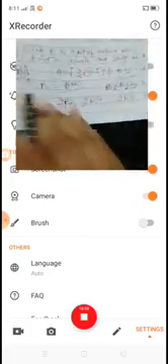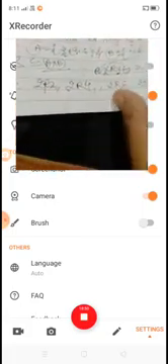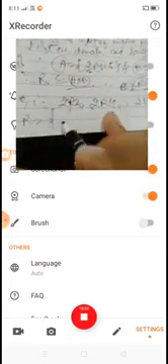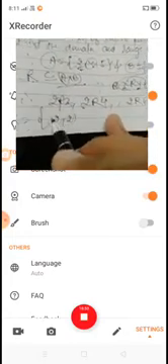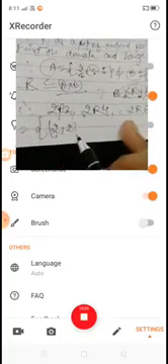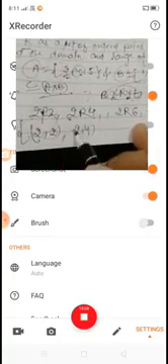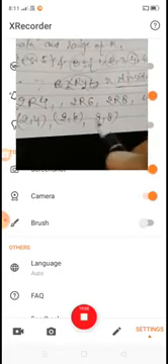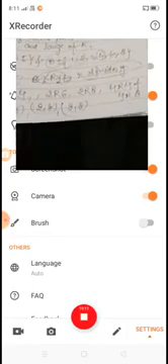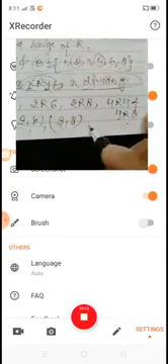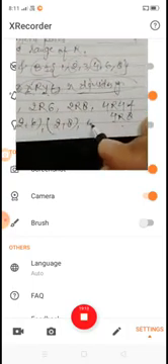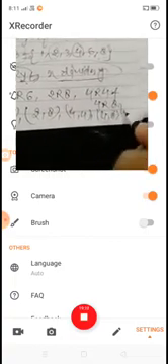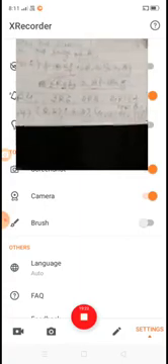So the required relation R is (2,2), (2,4), (2,6), (2,8), (4,4) and (4,8). This is your first answer.